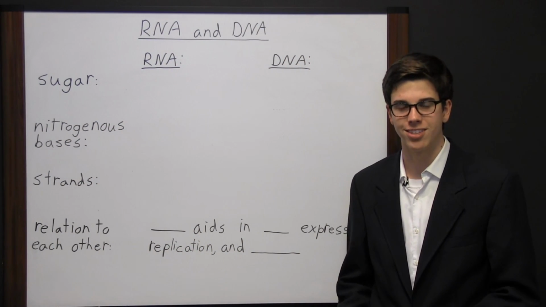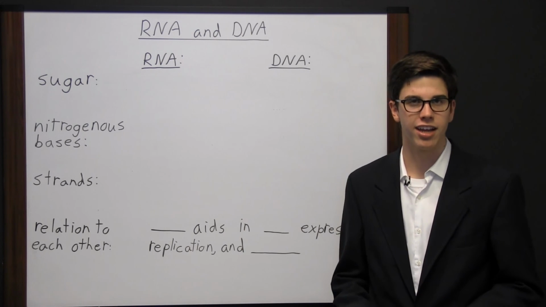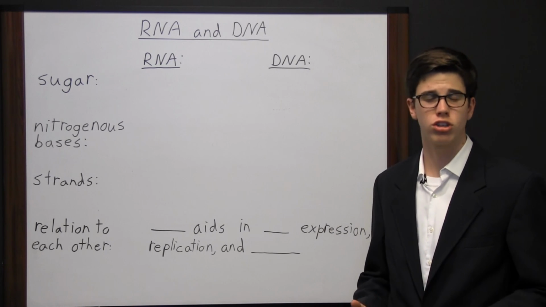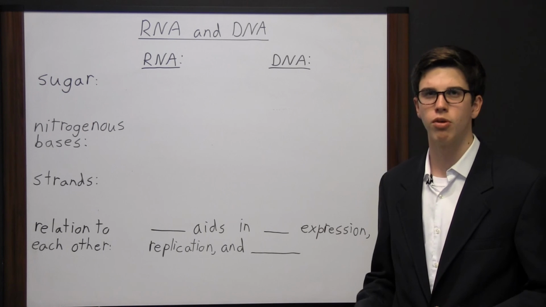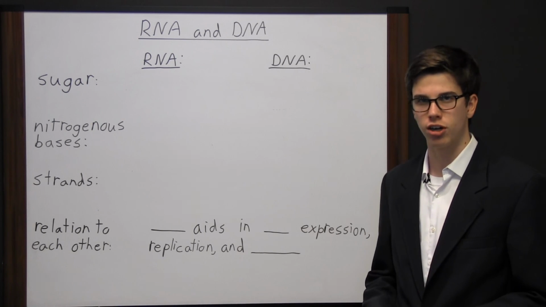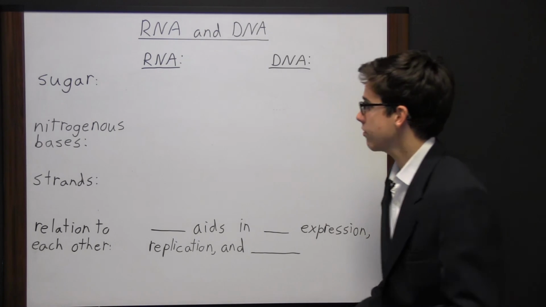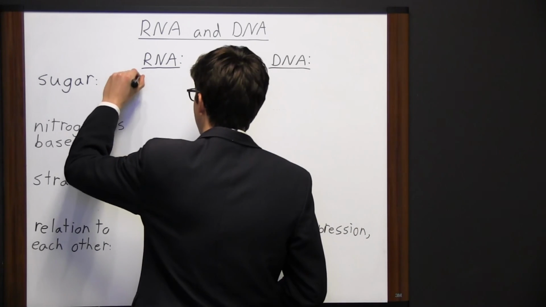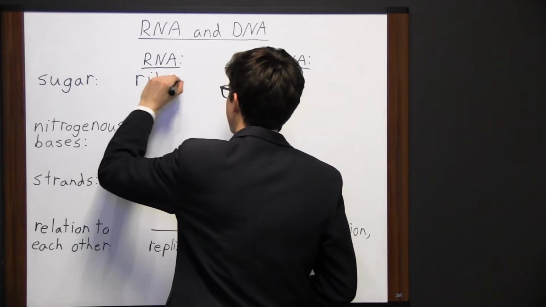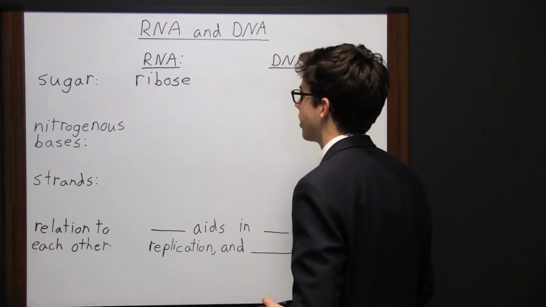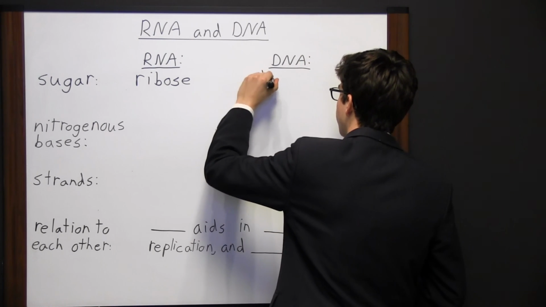Despite their similarities, RNA and DNA differ in terms of structure and function. For example, RNA has a different sugar than DNA. RNA's sugar is ribose. However, DNA's sugar is deoxyribose.